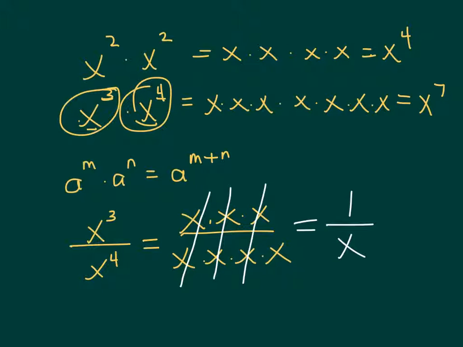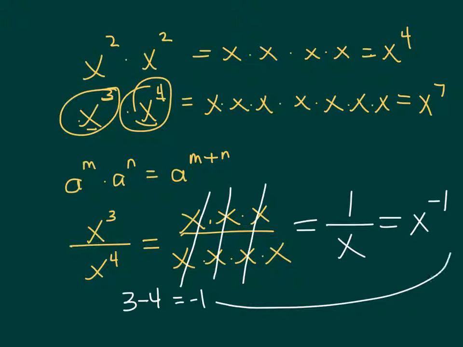And so we also know that 1 divided by x can also be written as x to the negative 1. So when we divide bases, we subtract the exponents, and 3 minus 4 equals negative 1, which is what we get for that exponent.